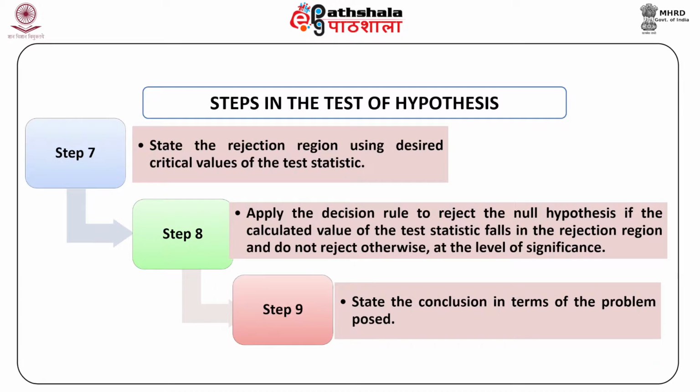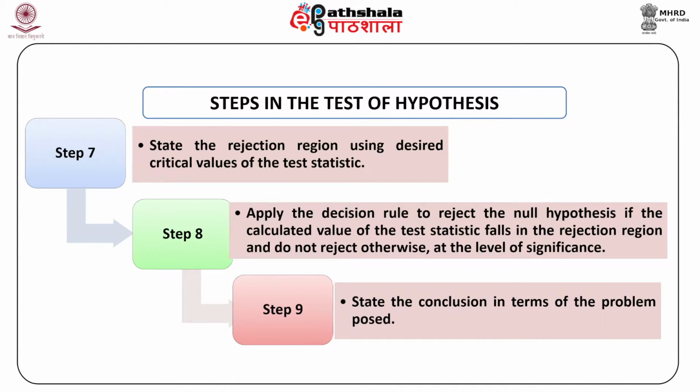The seventh step is to state the rejection region using desired critical values of the test statistic. The critical values of the test statistic and the rejection region will both depend on how the alternative hypothesis is defined. I am sure you can all understand this.